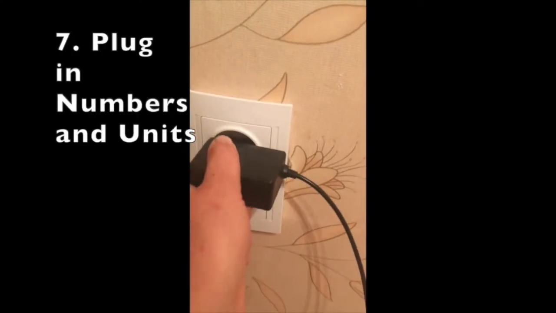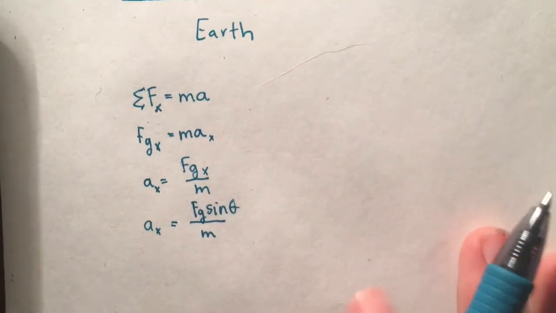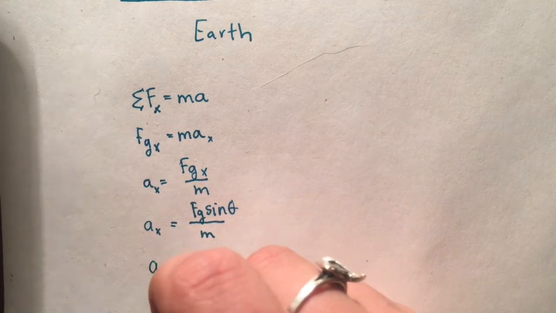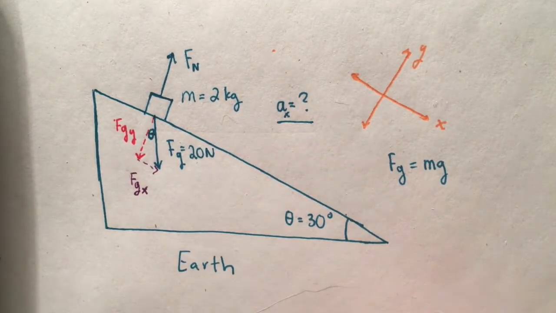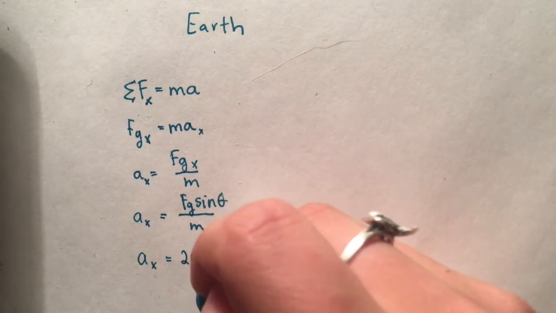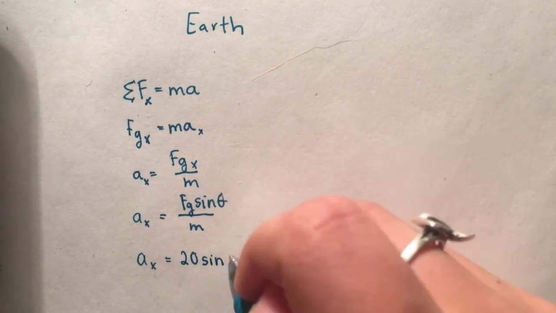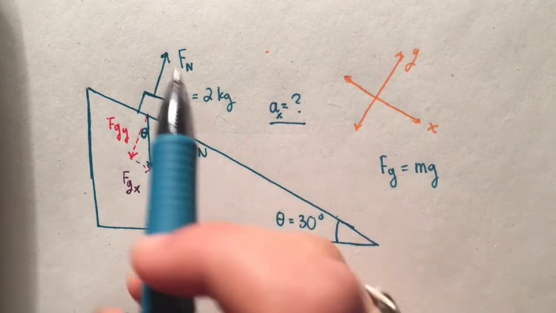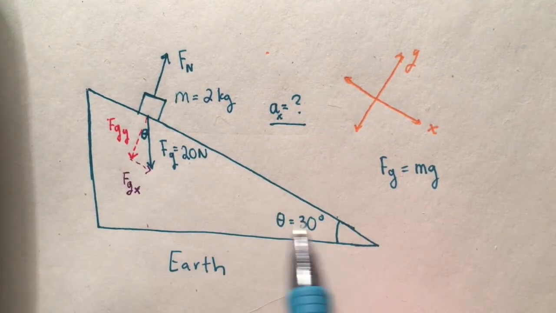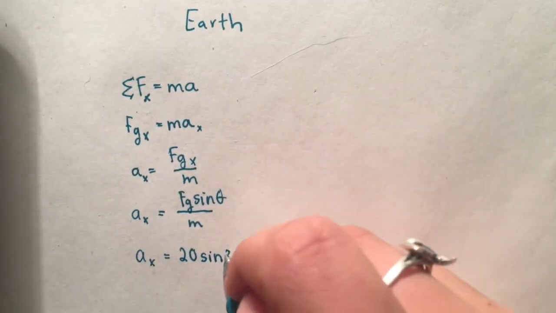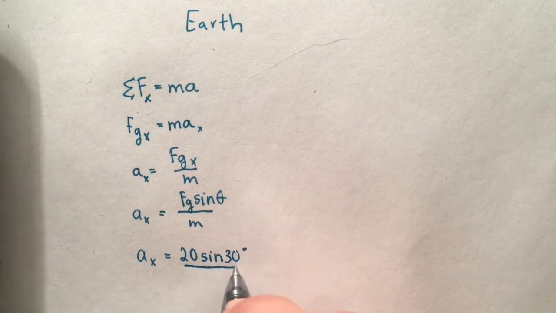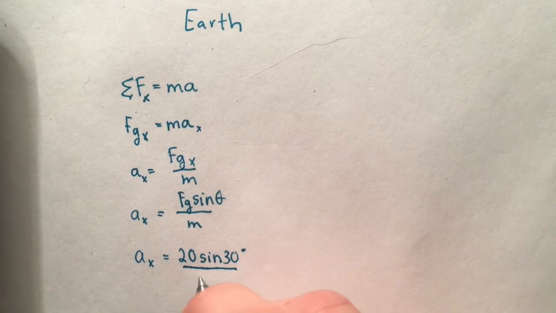Now I can plug in my numbers. So my acceleration in the x direction is equal to the force of gravity. Come back here, it is 20 newtons. So 20 times the sine of theta, our angle is 30 degrees. Remember, this angle theta is the same as this angle. And divide by the mass, which is 2 kilograms.